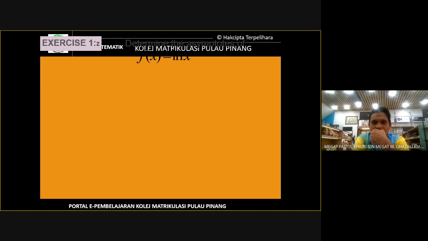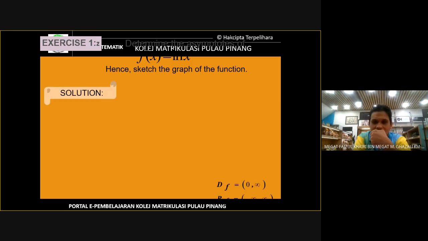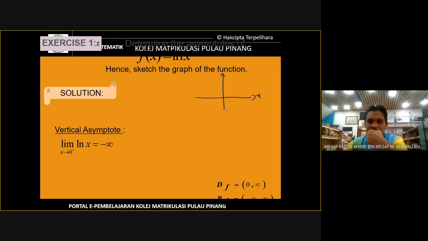Okay, determine the asymptote of the function. Sketch the graph of the function. Class, what is the function of this? Oh, ln x. Okay, limit of ln x. As we know, the function ln x, this is the graph, y equal to ln x.